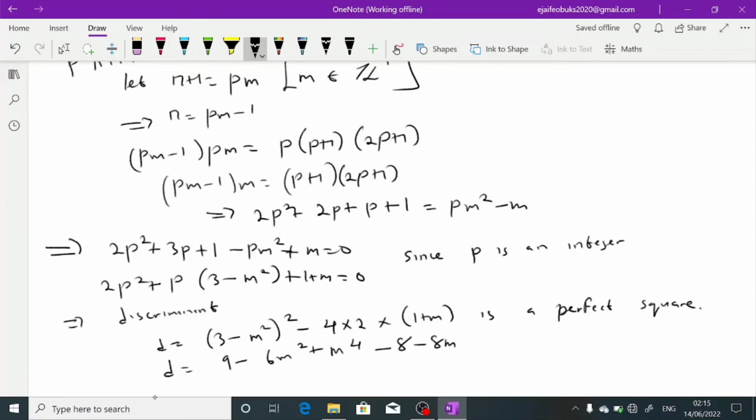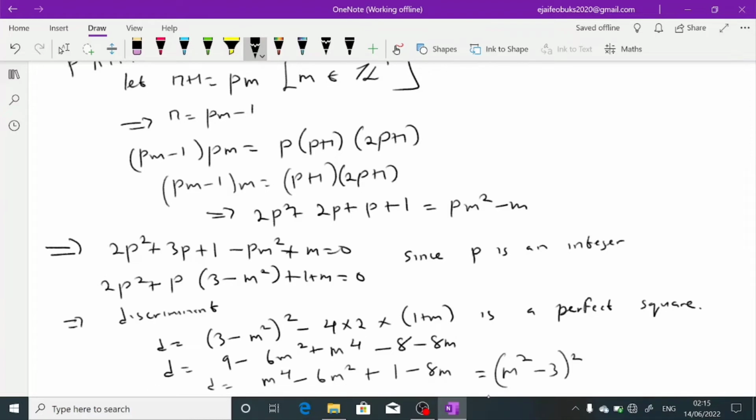If you simplify, this is d equals m to the fourth minus 6m squared plus 1 minus 8m. If I rewrite this as m squared minus 3 all squared, sorry about that, I just completed the square.